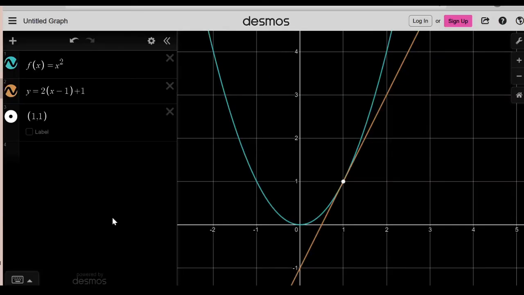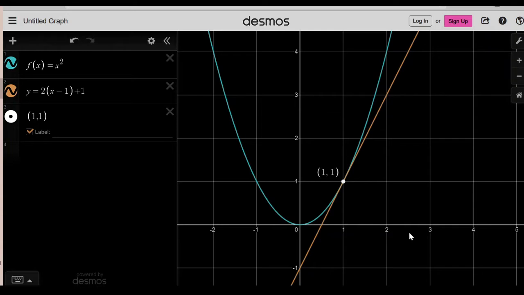So here, for example, is the function f of x equals x squared once again, and this time we've drawn a different line in orange. We've drawn the tangent line to the graph at the single point 1, 1.